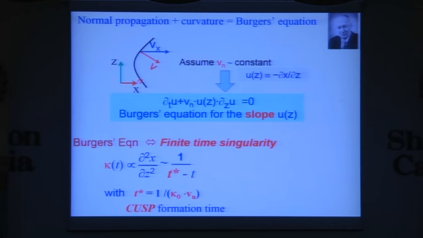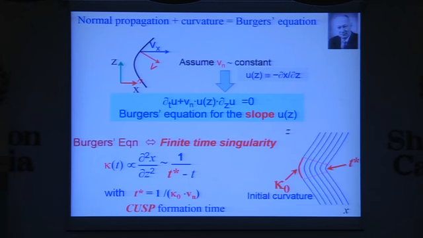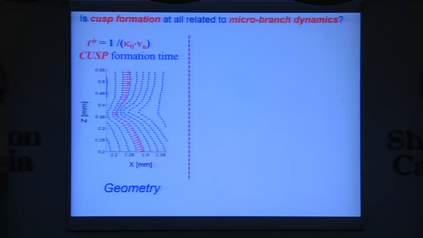This is a catastrophe, if you like. Physicists call it a catastrophe. Some of us might call it the death of a microbranch, and I'll show you in a minute why. This T star is the lifetime, the time it takes to form a cusp on the crack front.